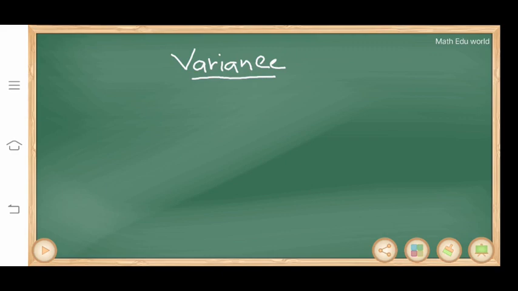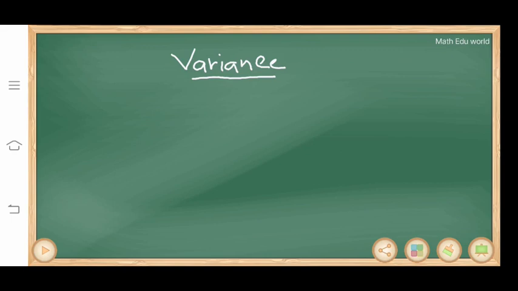Arithmetic mean is one of the topics of central tendency, and variance is a measure of variation. Central tendency tells nothing about how widely spread our values are.